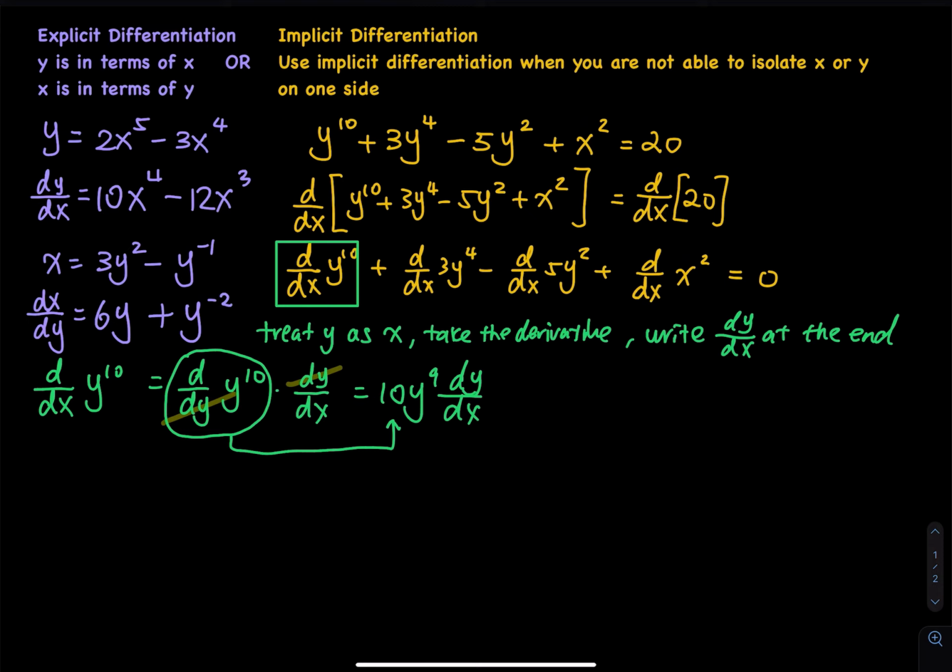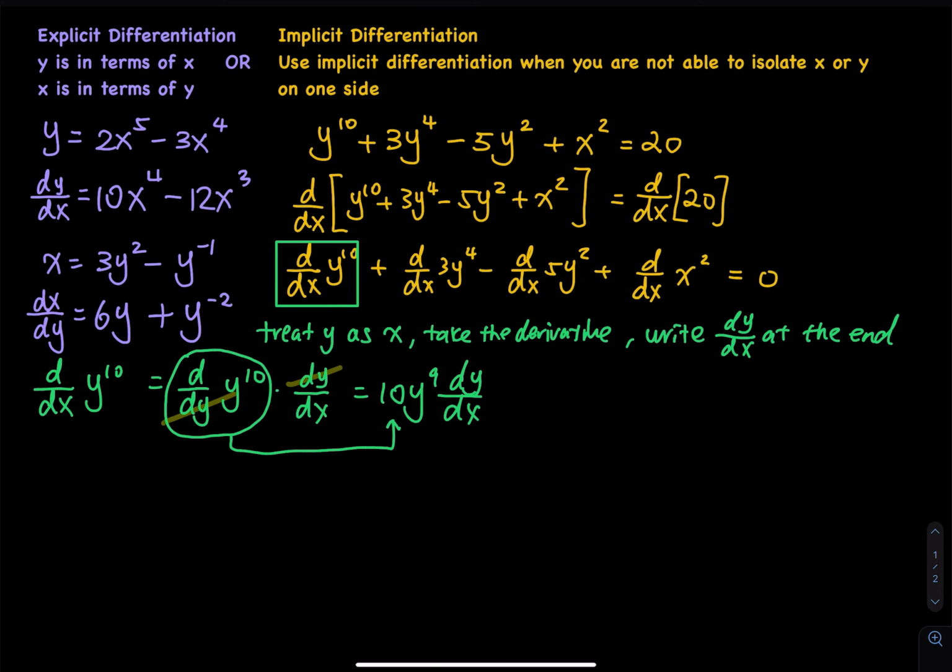That applies to all functions: exponential, logarithmic, and trigonometric, whatever function that is. So you treat y as an x, and apply the power rule or chain rule, whatever rule that is. That means you do the derivative anyway. So after the derivative is done, put a dy/dx at the end.